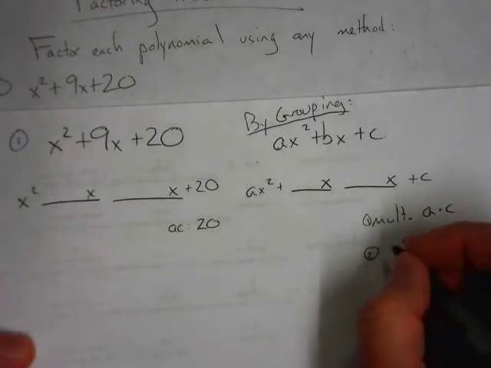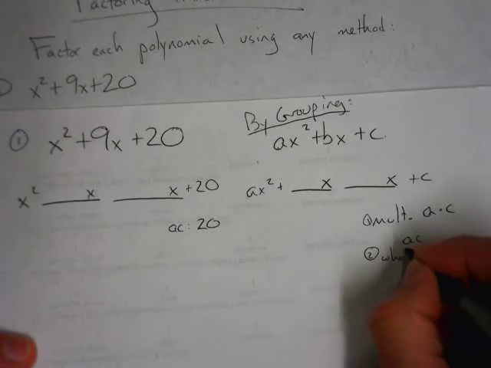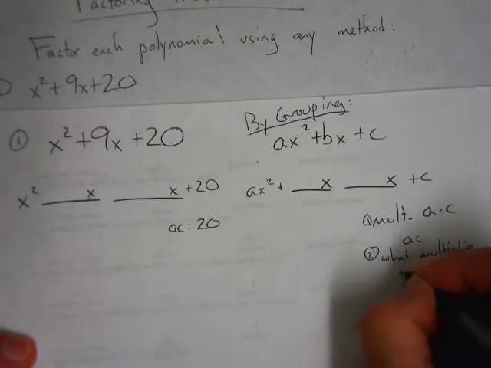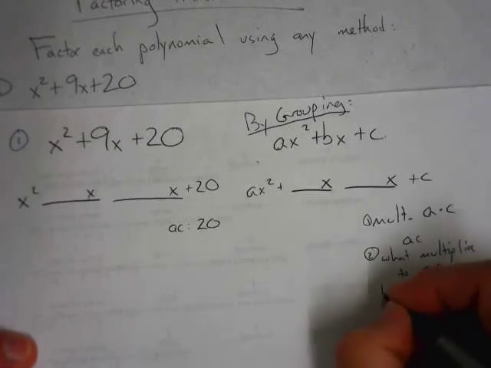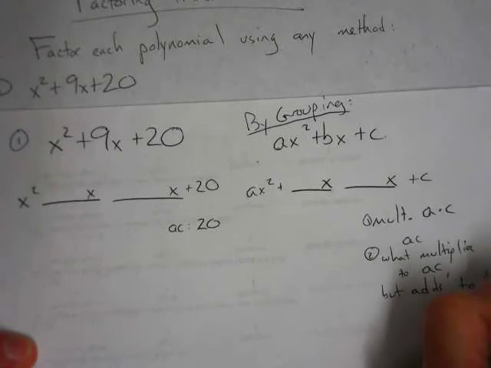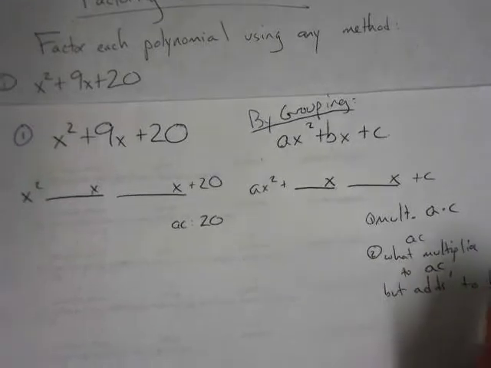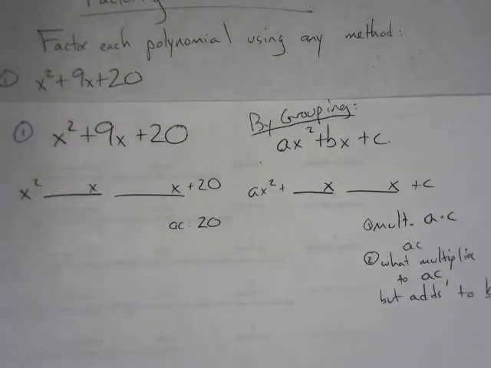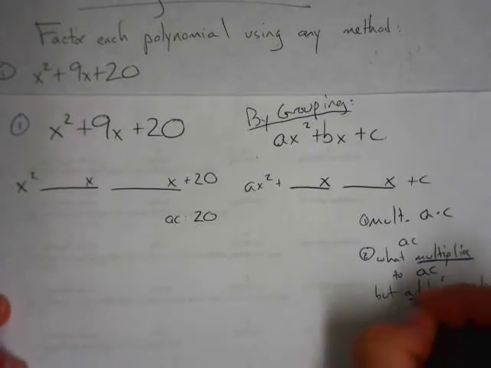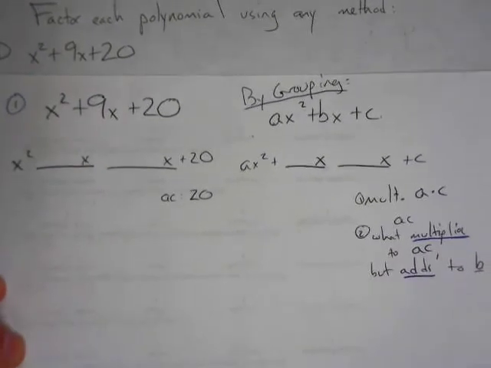The key question is, what multiplies to a times c but adds to get b? What can we multiply to get that number 20, but adds to get us 9? What multiplies to ac but adds to b? This is the key question.